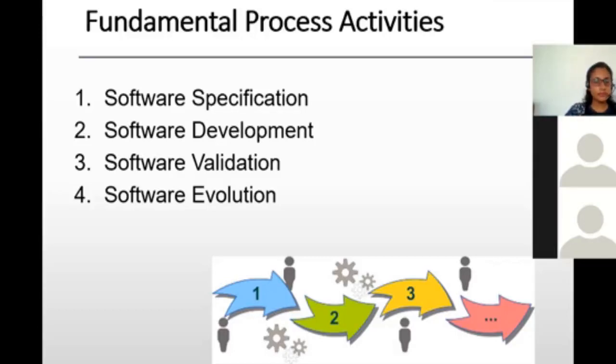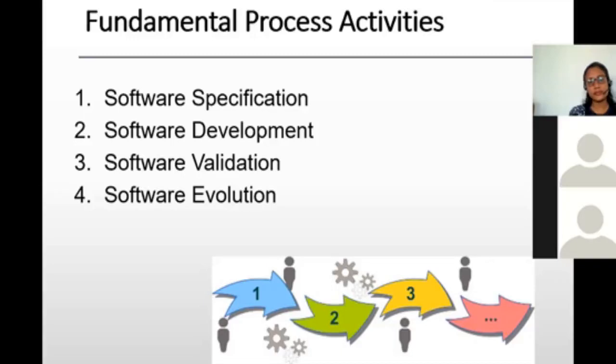And when it comes to software evolution, we are talking about maintenance. Once we deploy or install the system at the Cinnamon Lake site, there can be some changes. Sometimes their requirements may change.